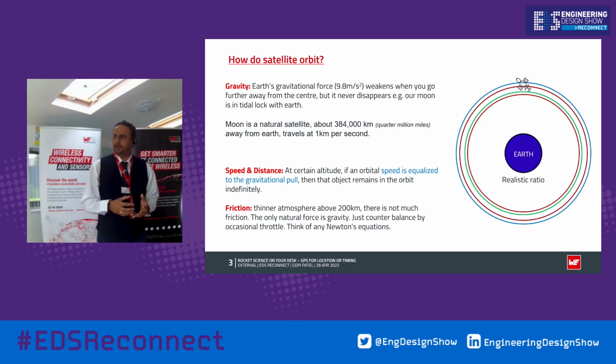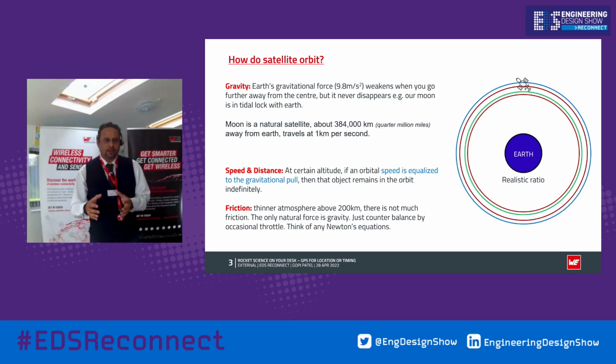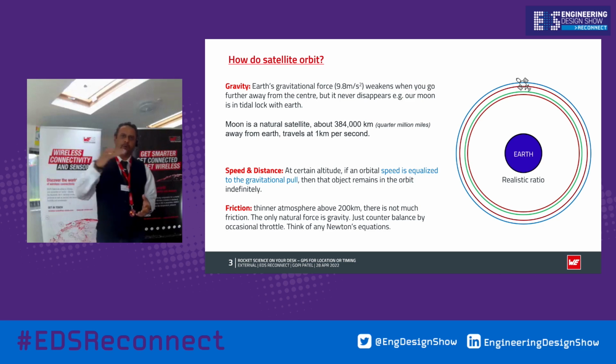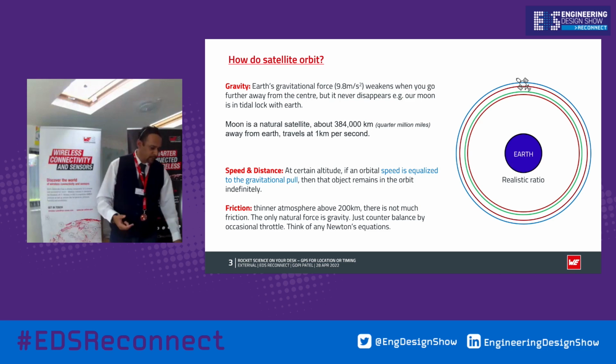The second one is that an object remains stationary or keeps moving if there is no external force acting on it. So in a nutshell, if you go away from gravity, if you go fast enough, and if you counterbalance all the forces together, and every now and then give a little bit of throttle, that way you can stay in that orbit indefinitely. And that's how almost any satellite works.